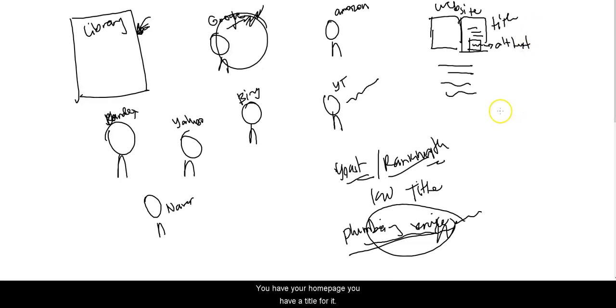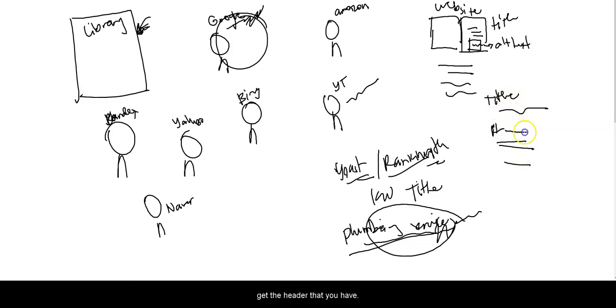You have your homepage, you have a title for it, you have a meta title, which will be in another video. But when you try to read the content, you look at the headers and the subheadings, and read through your content as if it's a book, to see if it makes sense in general.